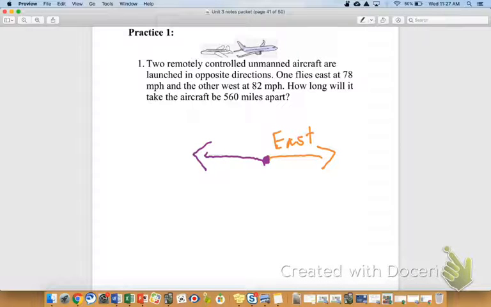Okay, so the east plane. Okay, so he's put more information. East, 78 miles per hour. Got a west plane going 82 miles per hour.